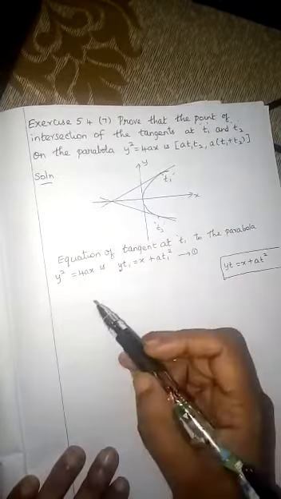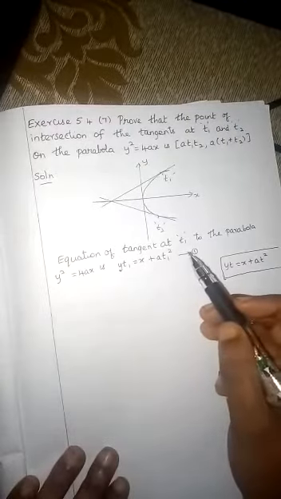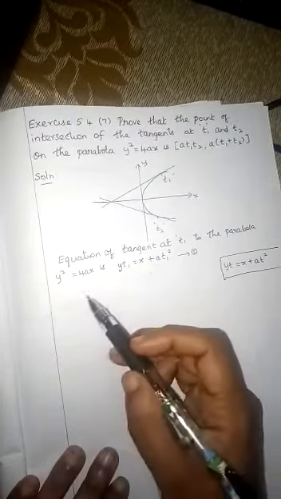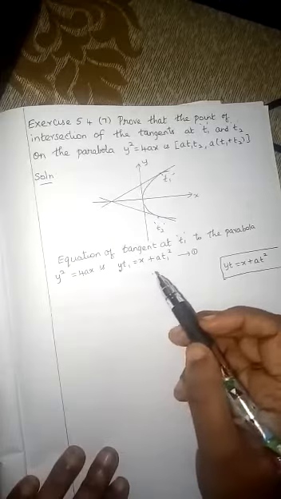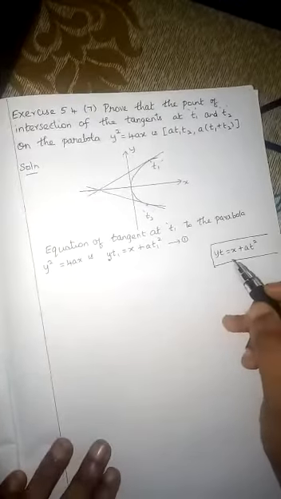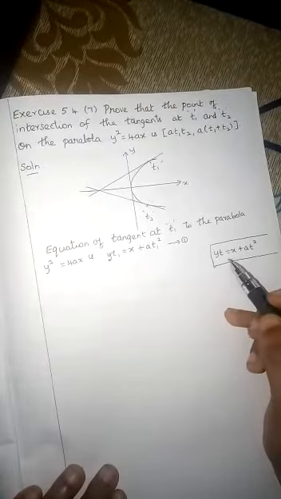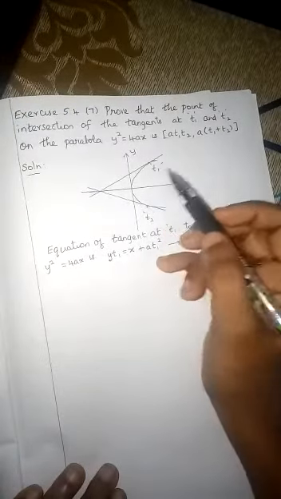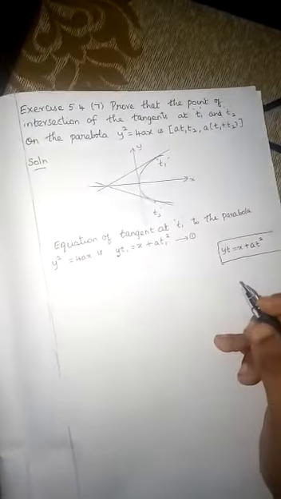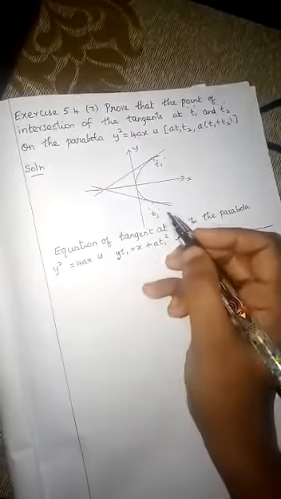Okay, so equation of tangent at t1 to the parabola y square equal to 4ax is this one. This is the equation of tangent. In general, when we take it will be like this: yt equal to x plus at square. Here instead of t we are taking this point t1. Okay, then we can take the next point, that is t2.